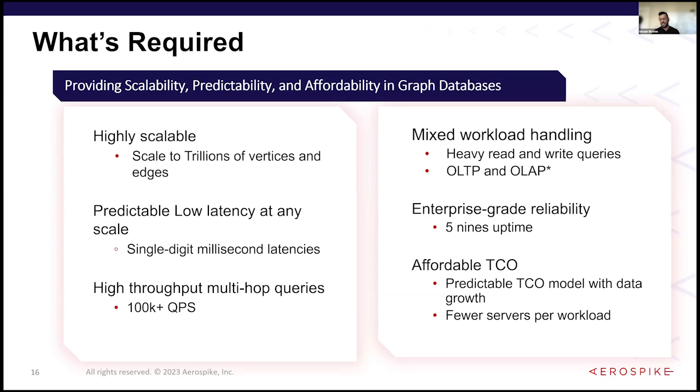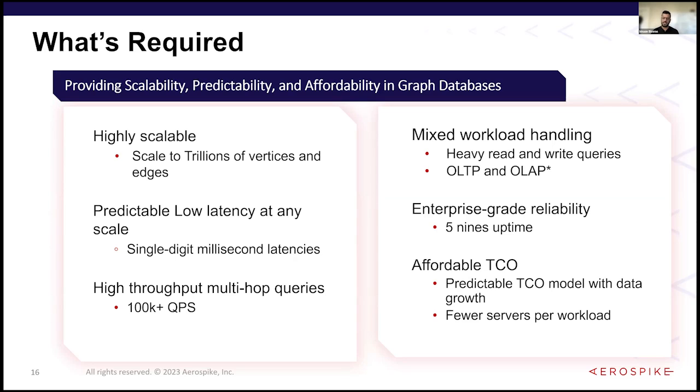And you don't necessarily get the performance that you require, especially P99s. So really the requirements boil down to a system that's highly scalable. As your data volumes grow, your system should continue to be as responsive as it is today with a smaller set of data. It should provide predictable low latency at any scale.